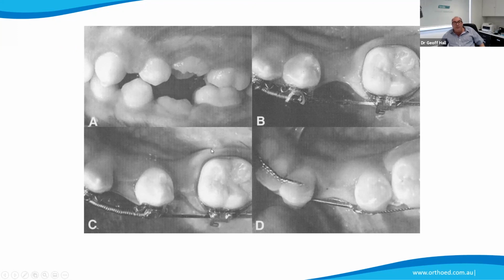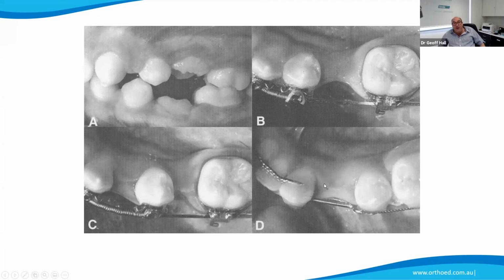But what about, we now know about bone regeneration. So what about moving that 4, the good 4, distally, where the good bone is, and we move that all the way distally. And that's what we're doing here. We're moving the 4 distally, and now we've got the good bone in that old 4 side.